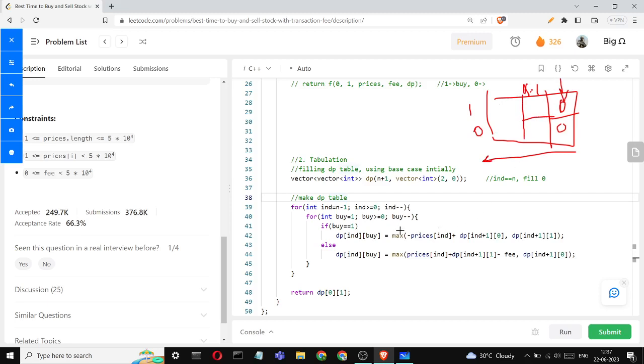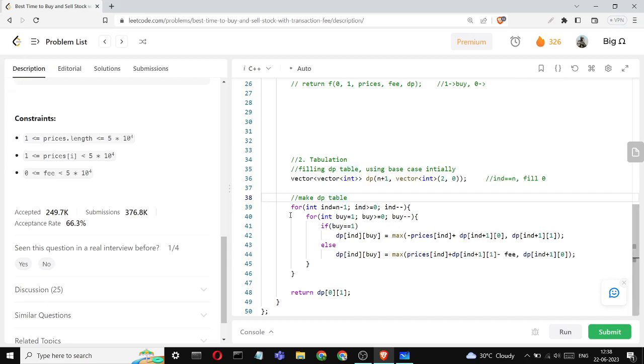If you are at a particular index, you need index plus 1, the next values. Every time you are utilizing the next values, so for that you have to go from right to left. So if this is filled with the base case, when you are on this you can get help from the next step and solve your problem.